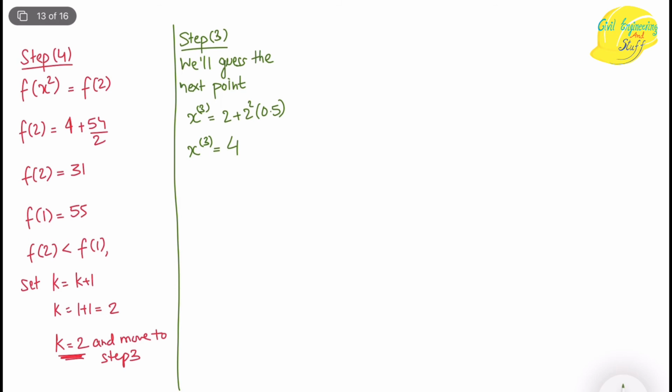Now in step 4, we will find out the functionality. So your f(x3) is equal to 4 square plus 54 by 4. So this comes out to be 29.5, right? So what was your f2? f2 was 31, right?